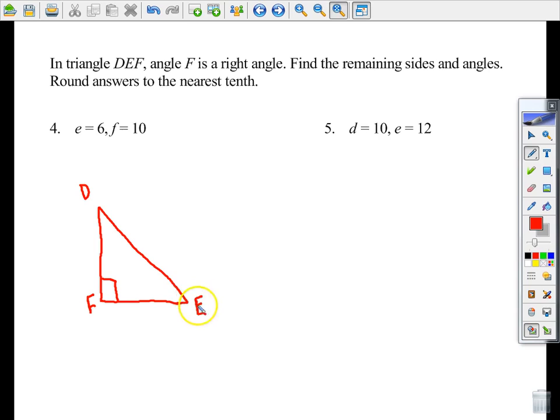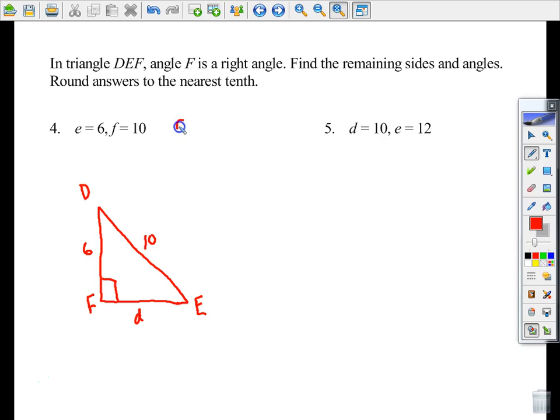If this is angle E, then directly across from angle E is side E. Side F is 10, directly across from angle F. So we're given the hypotenuse of this right triangle. What we don't know is side D.